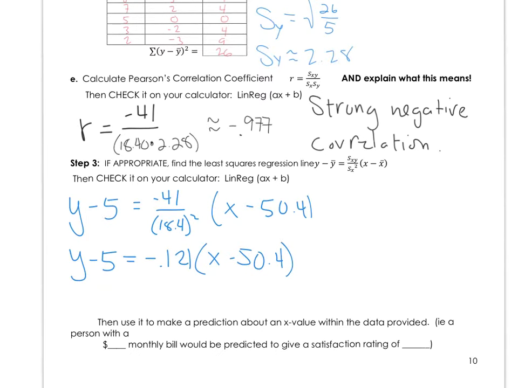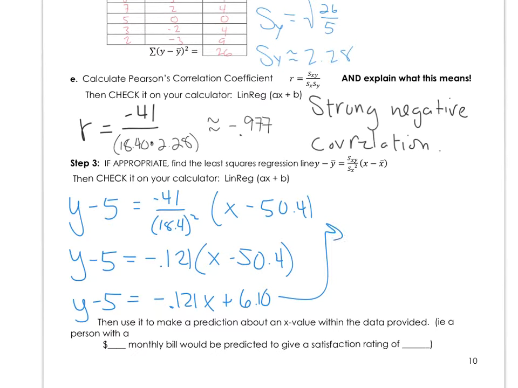And now we just distribute, so that's going to be y minus 5 is equal to negative 0.121x. I multiply negative 0.121 times negative 50.4, and I got positive 6.10, and now we just need to add 5 to both sides.